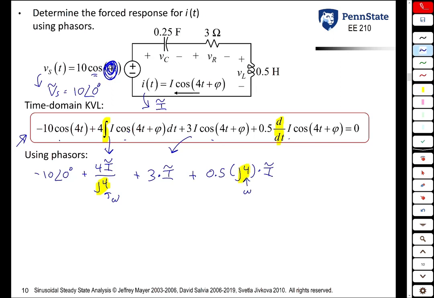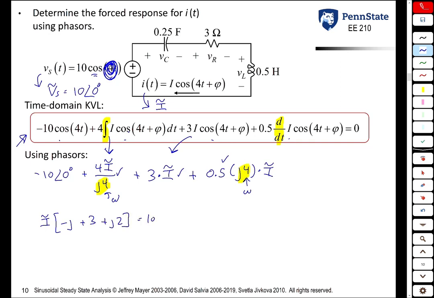But why is that useful? We can now solve for I tilde. I tilde, first term, 4 over j4 is just 1 over j, which is negative j. This 3 I tilde just becomes a 3. This 0.5 times j4 I tilde just becomes j2 times I tilde.